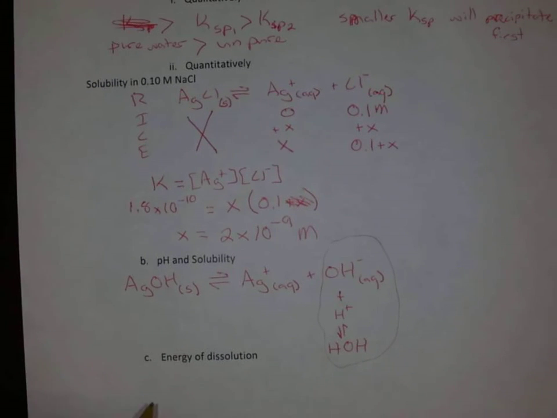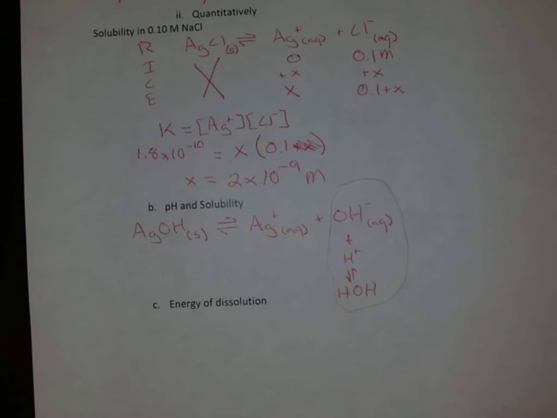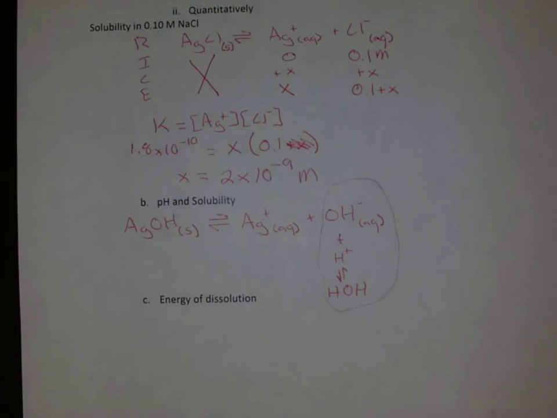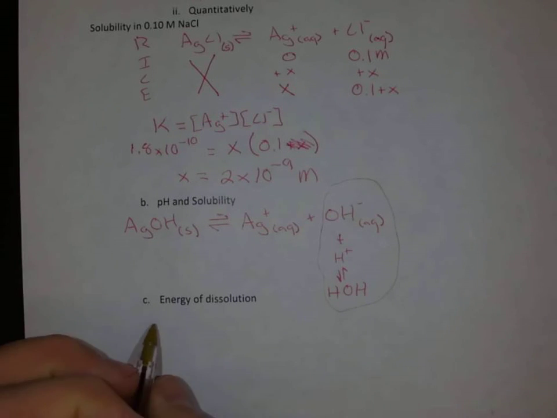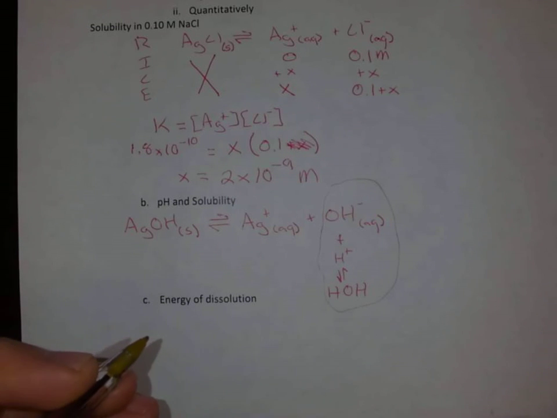The last piece with this unit is our energy of dissolution. Our energy we've talked about last unit, but really what this is saying is when we talk about our solubility, things get a little bit complicated. How much things will dissolve is going to be difficult for us to measure and predict based on the energy, okay? So something may be favorable.